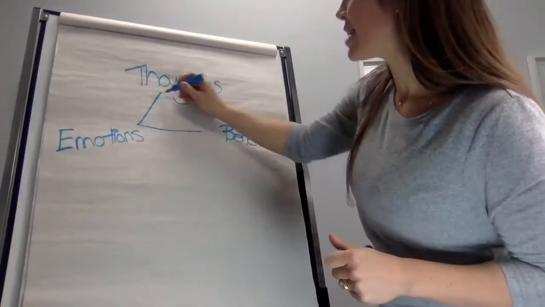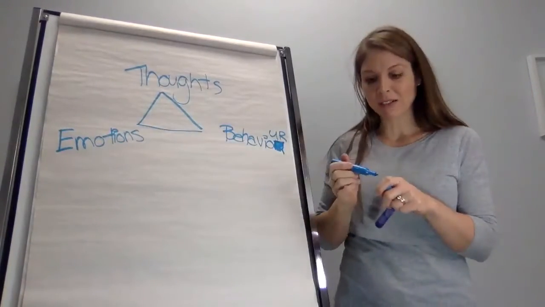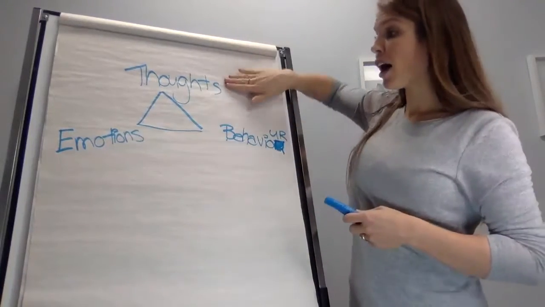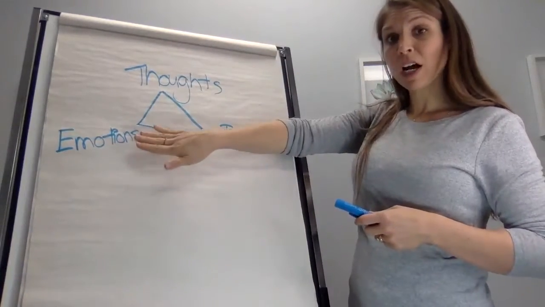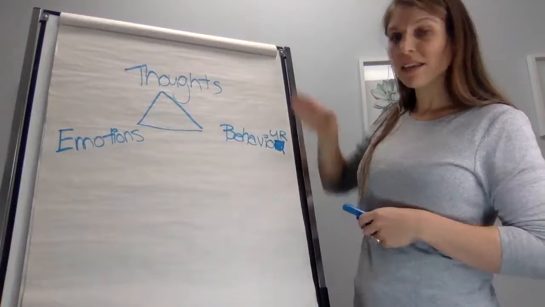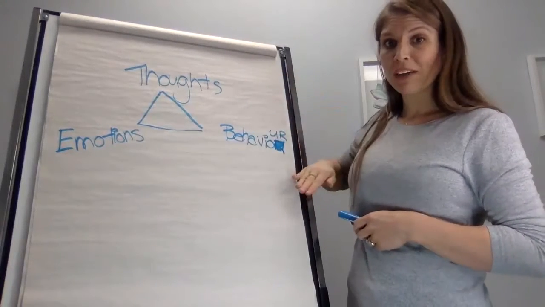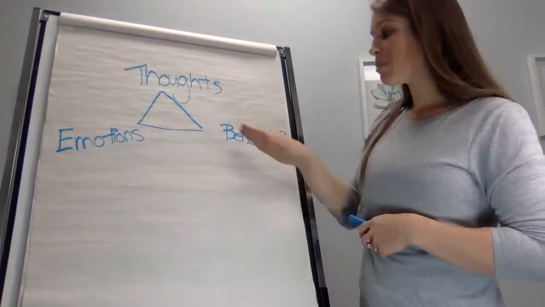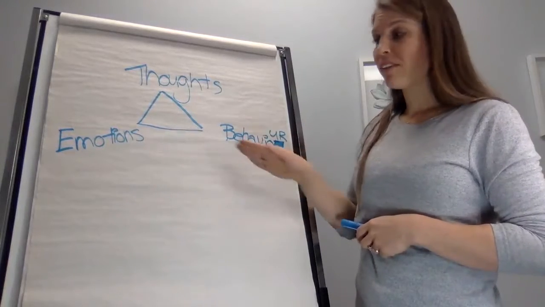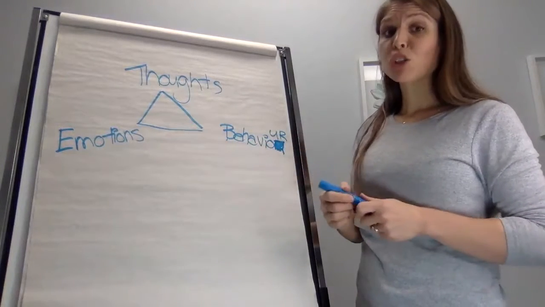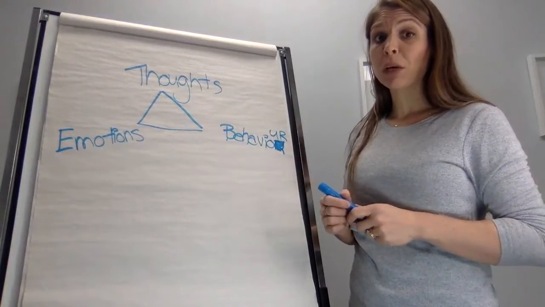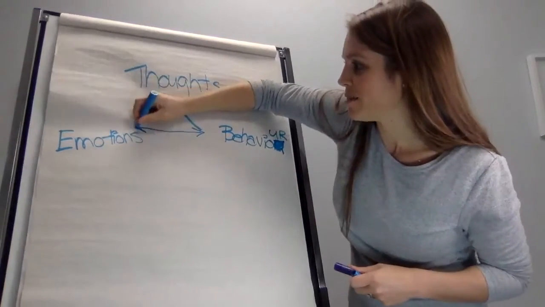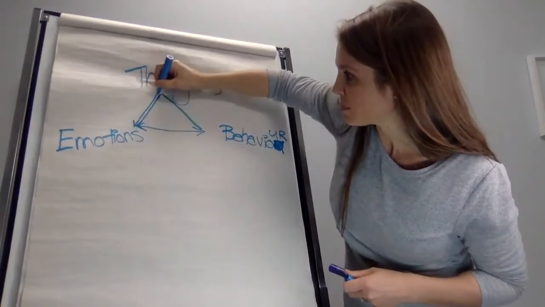Usually there's a triangle in the middle, and basically what this means is our thoughts impact our emotions, our thoughts impact our behavior, our emotions impact our behavior, and our behavior impacts our emotions. Oftentimes we'll see it with arrows going both ways in the triangle like this.